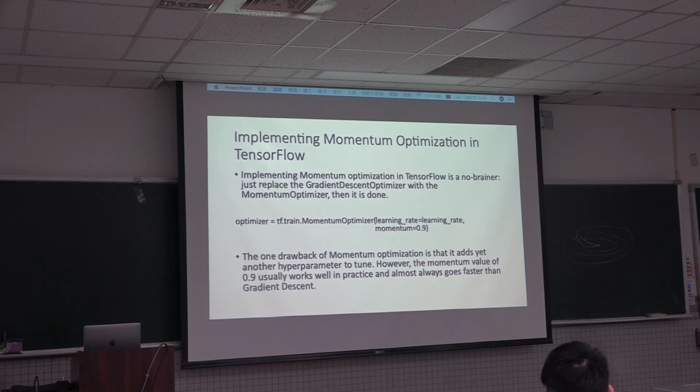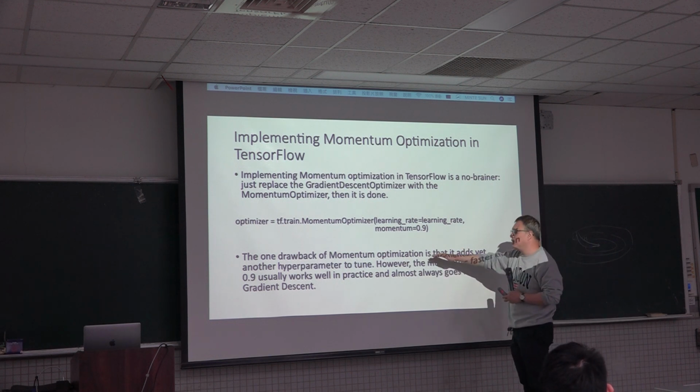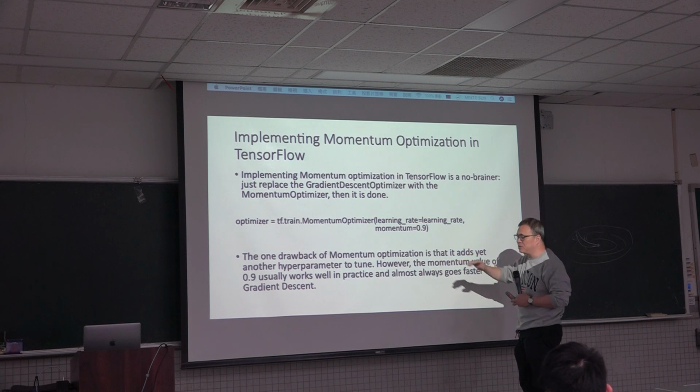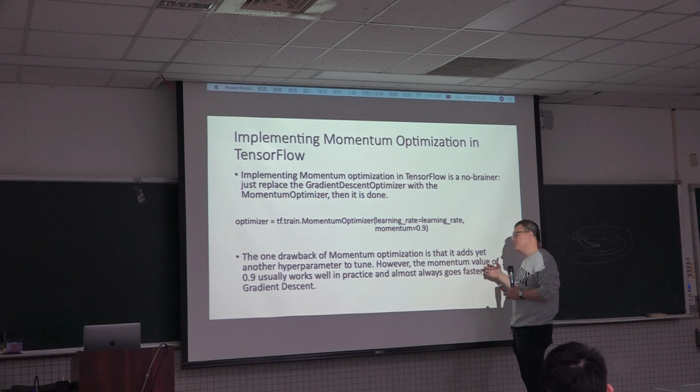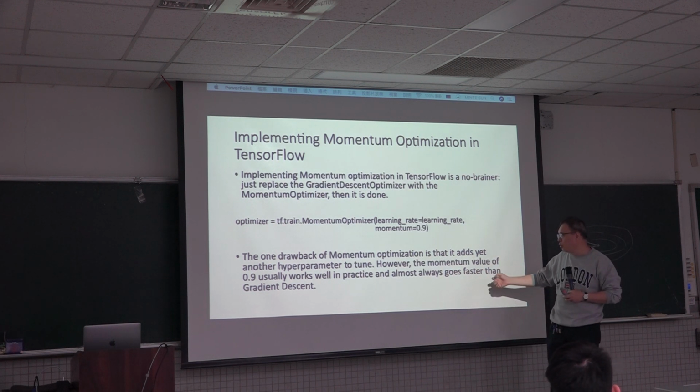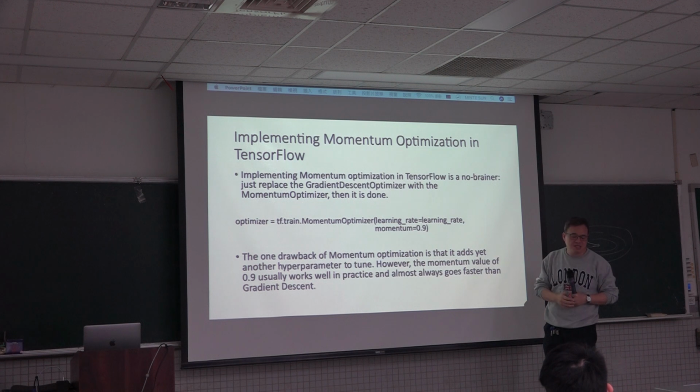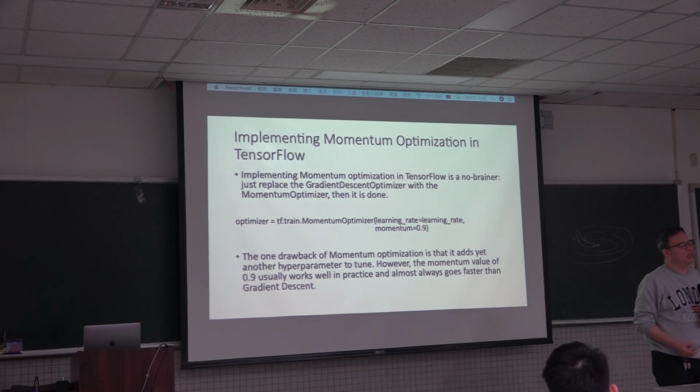Of course, one drawback of momentum optimization is that we have one more hyperparameter. But the default value 0.9 usually works very well in practice. It almost always goes faster than the gradient descent optimizer, so you don't need to worry about that. Of course, you can still tune it, but you don't have to.